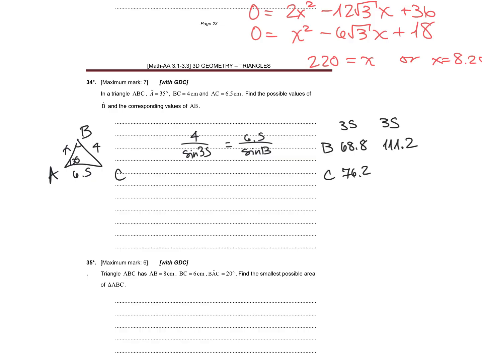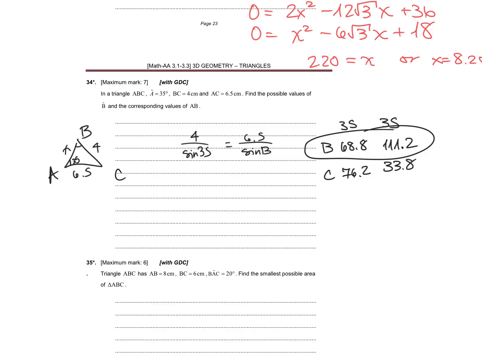And this one is 33.8. So that's our values of B, and now we want AB.